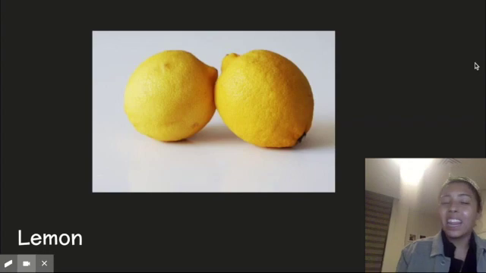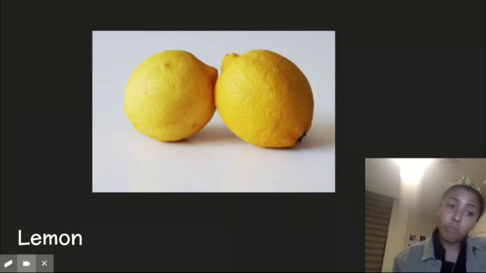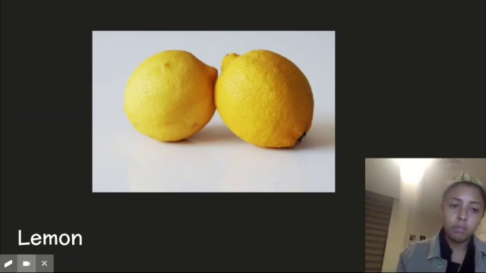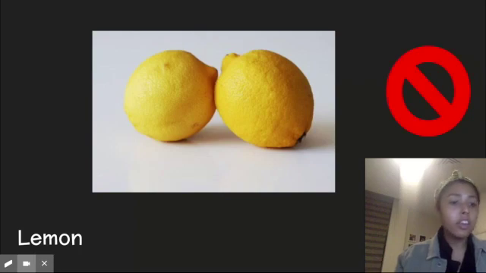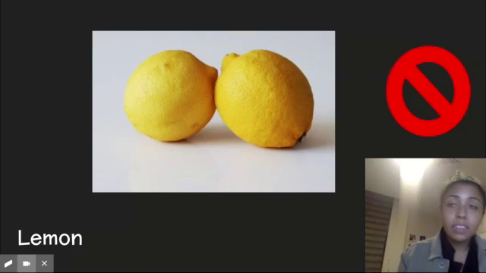What about a lemon? Do you think a lemon can reflect light? Silent excitement if you think it can reflect light. Thumbs down if you think it can't. Nuh-uh, sir. Thumbs down. A lemon cannot reflect light. It is not shiny.